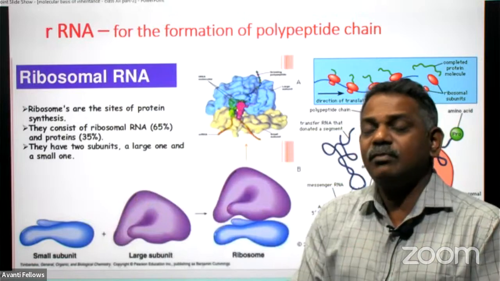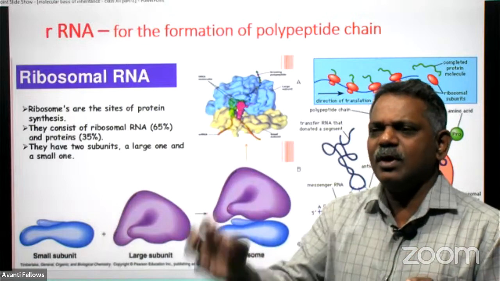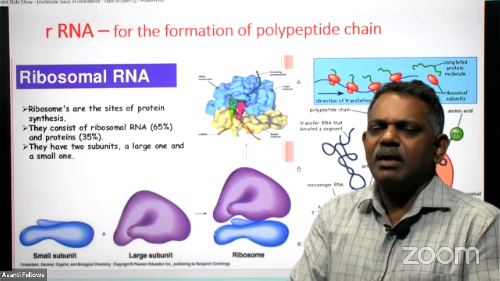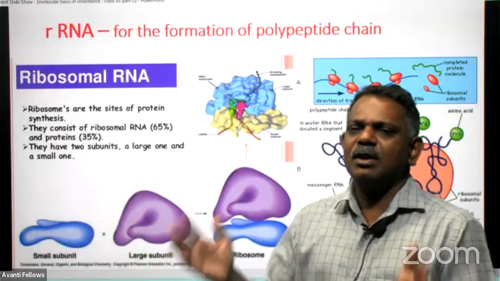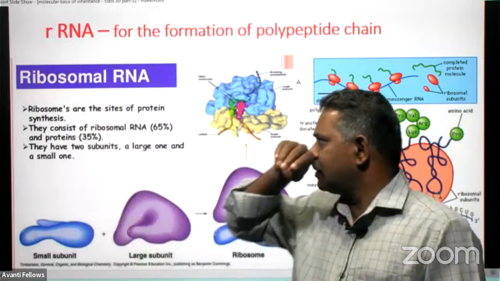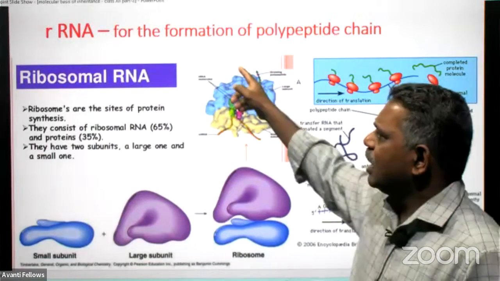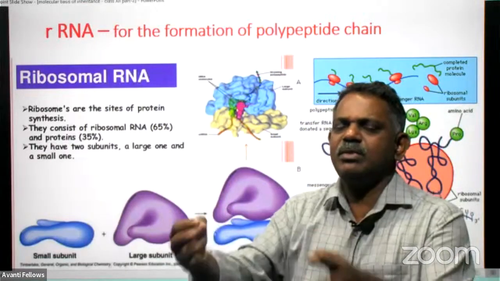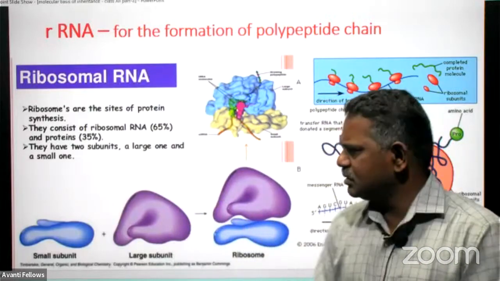According to the nature of the protein, the cell arranges the amino acids one after another and connects each other with a peptide bond, and this long chain of amino acids connected with peptide bonds is called the polypeptide chain. And this rRNA is responsible for bond formation between the amino acids during protein synthesis.